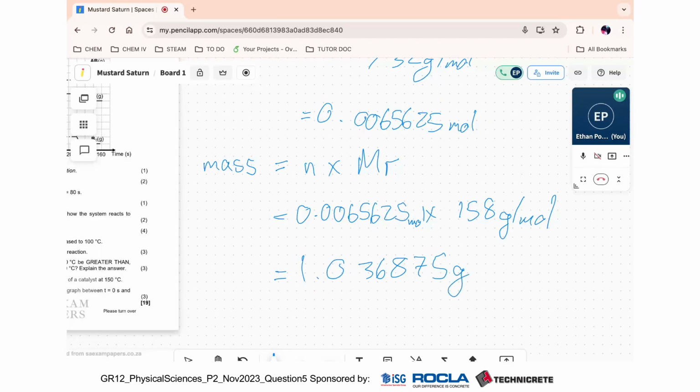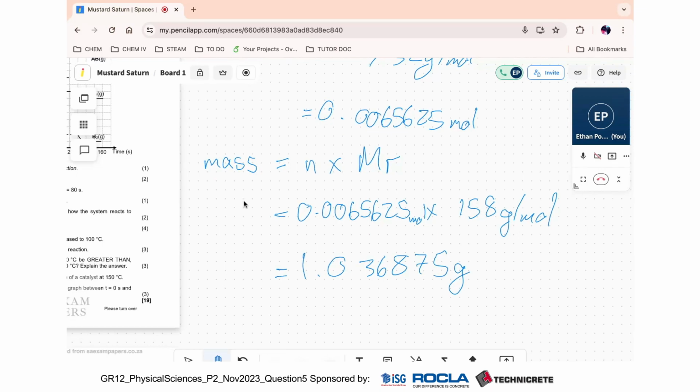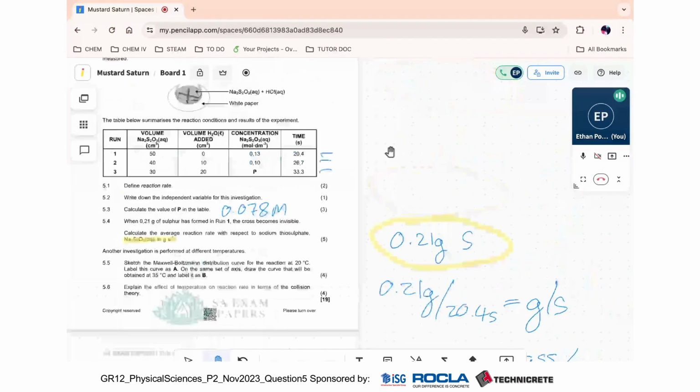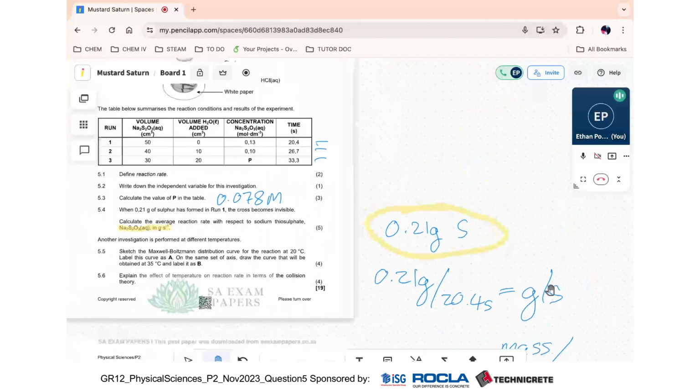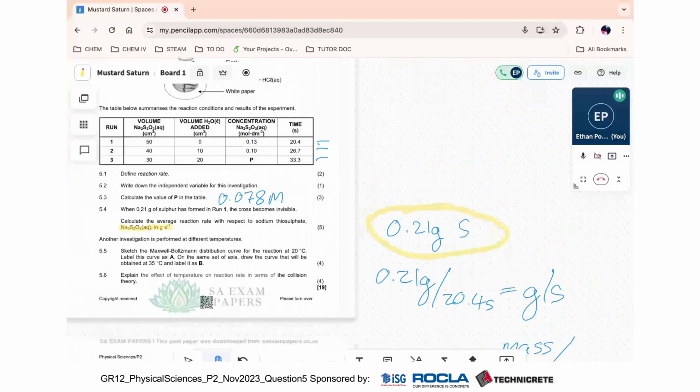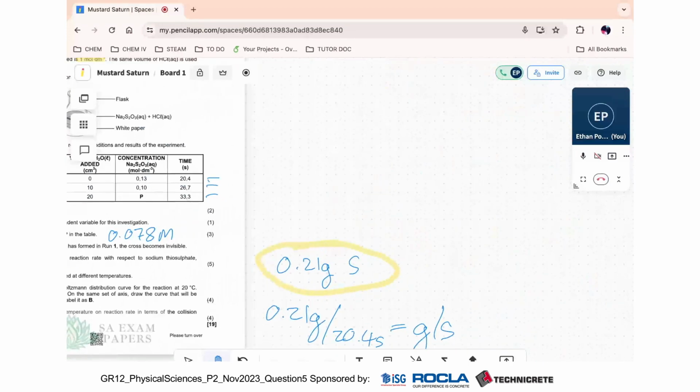And then what we need to do is divide our mass of 1.03875 by each time and find the average. So let's do that up here. For the first one, we have a time of 20.4 seconds.